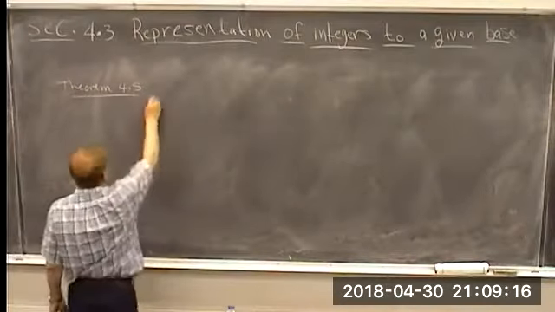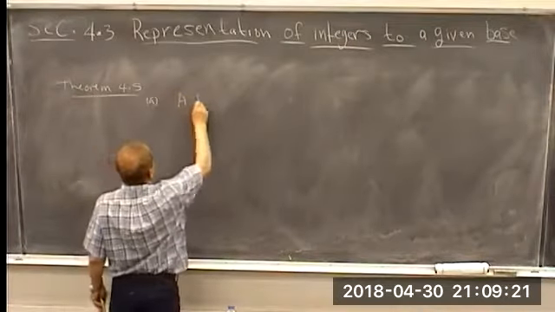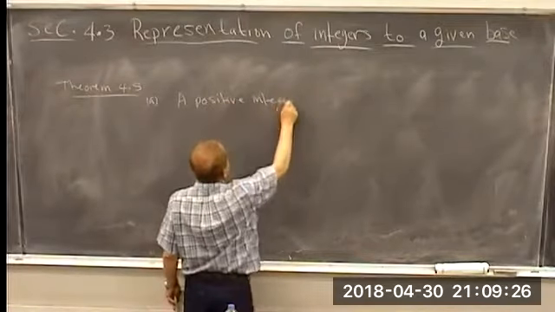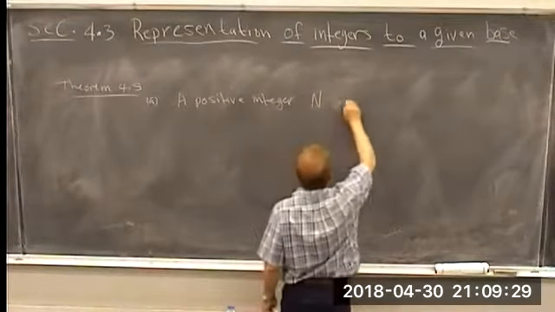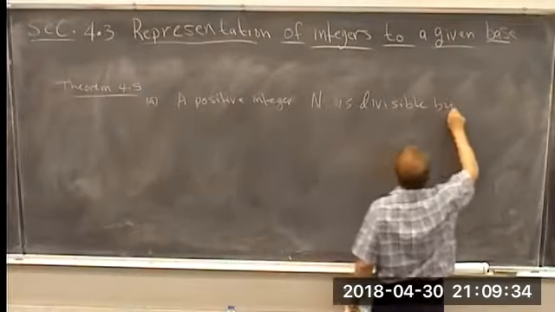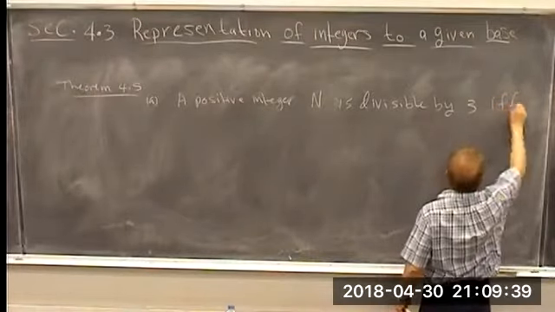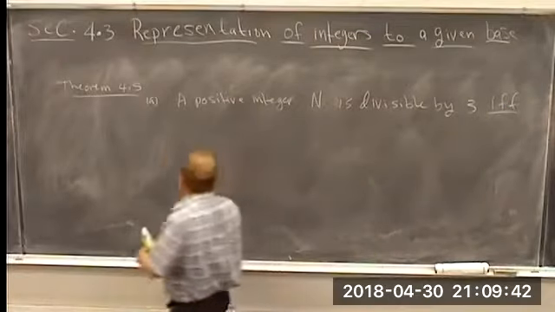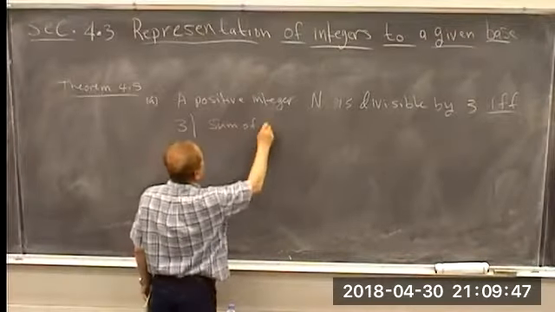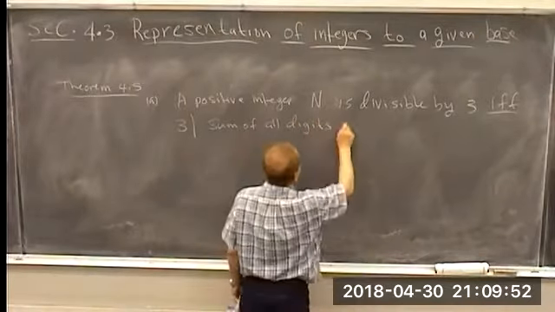It goes like this, first part: a positive integer n is divisible by 3 if and only if 3 divides the sum of all digits of n.